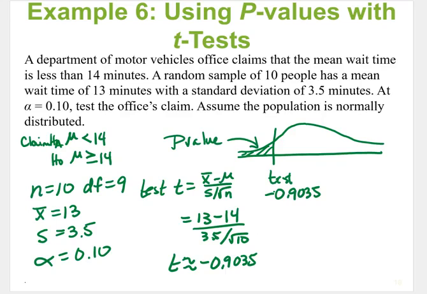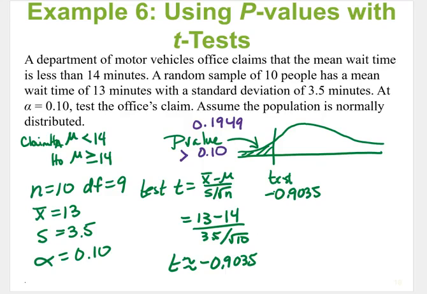So my value is much smaller than that, which means that my tail should have an area that's larger than 0.10. In fact, if you use technology to find that p-value, it turns out to be 0.1949. But from the chart, all I can tell you is that that p-value is much greater than 0.10.